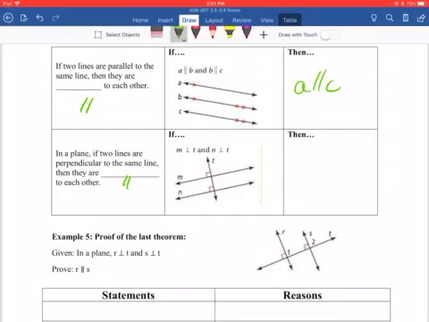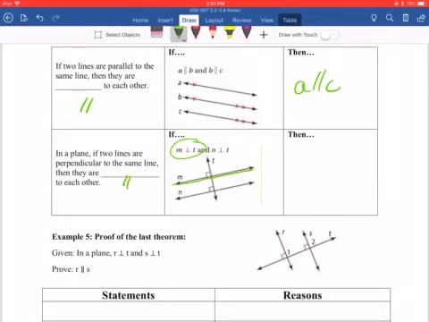This symbol, the upside down capital T, means perpendicular. Perpendicular means it makes a 90 when they cross.